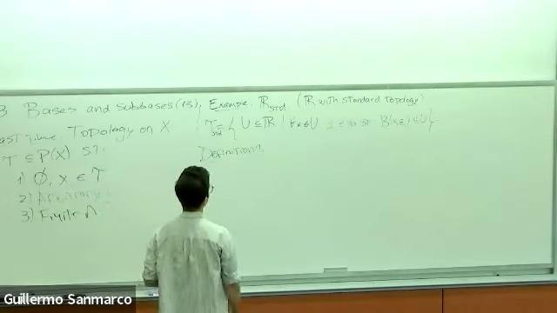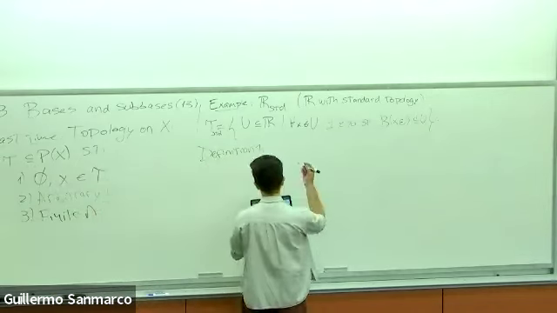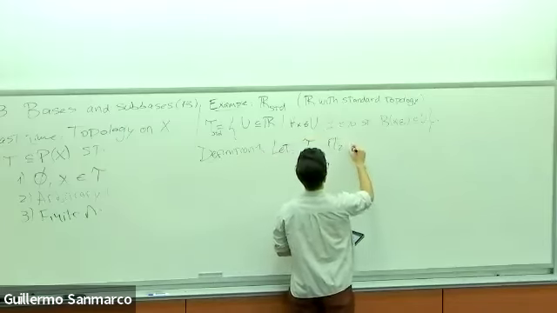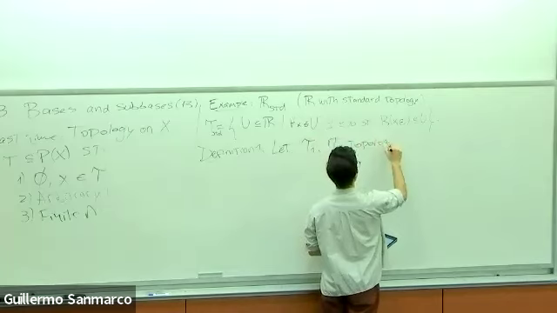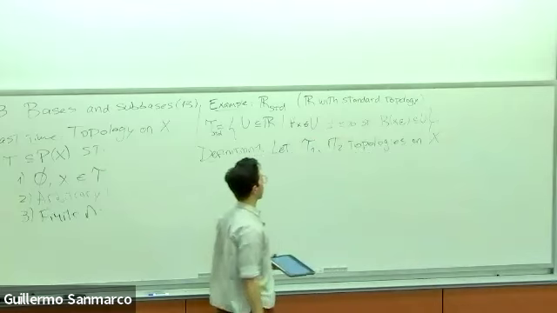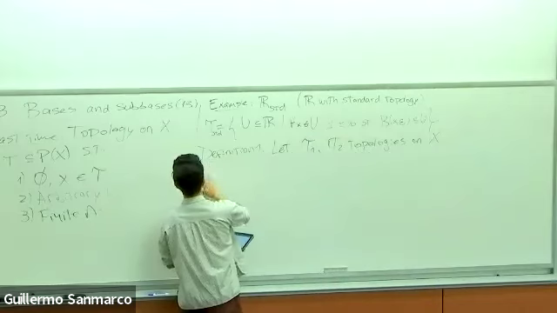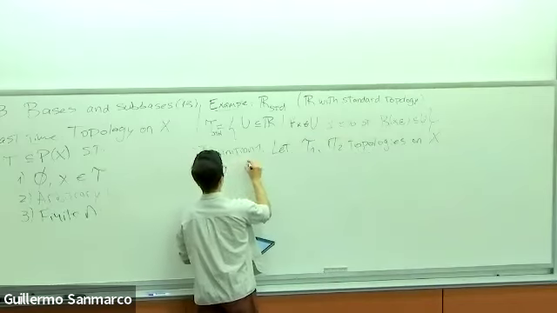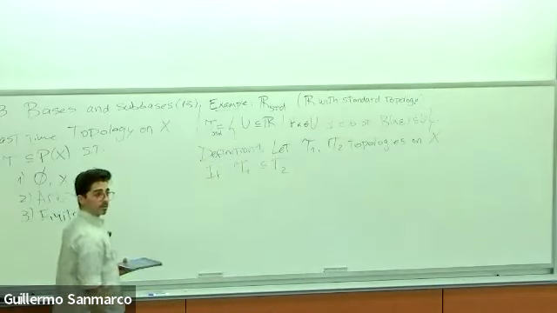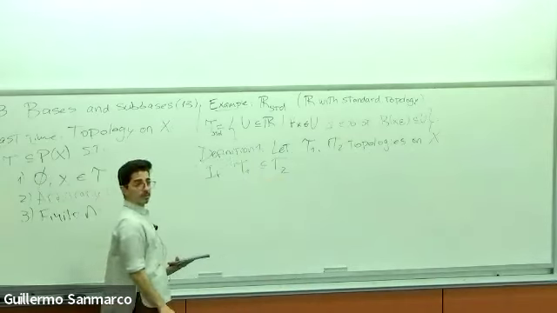Let T1 and T2 be topologies on the same set X. In case T1 is a subset of T2, this means whatever is open regarding T1 is also open regarding T2.